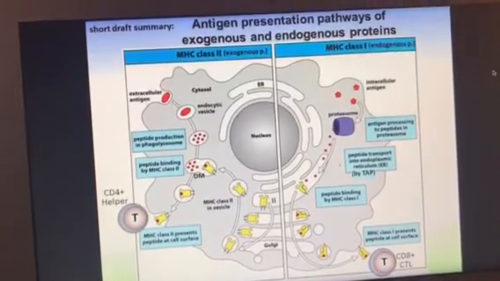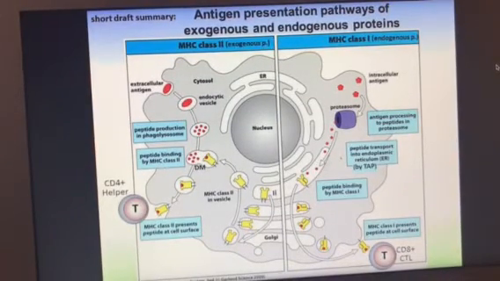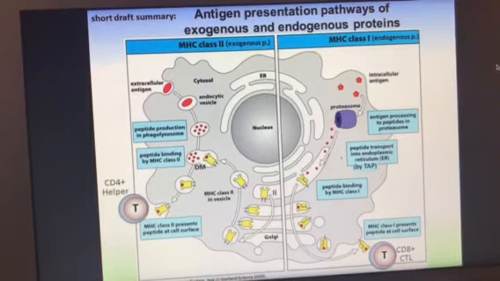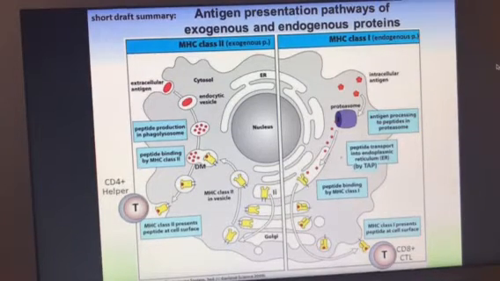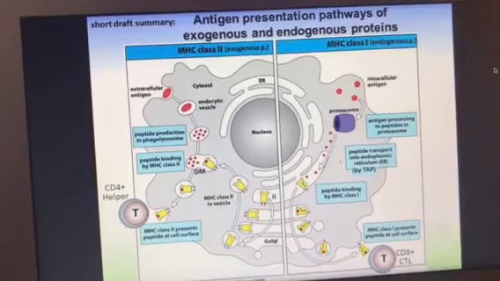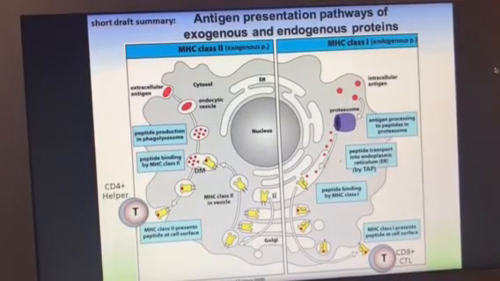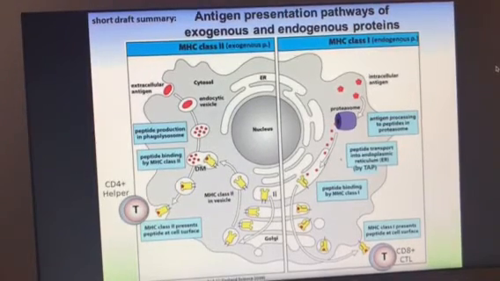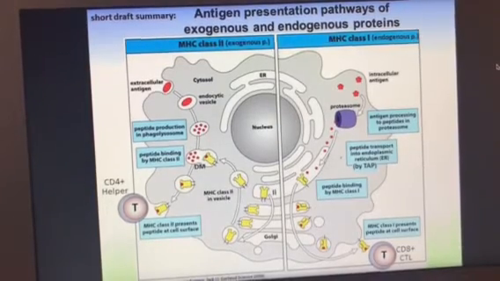So after initiation of antigen processing pathways, these endogenous antigens are degraded and peptides are generated by proteases, and the peptides are presented by making a complex with MHC class 1 molecules on the cell surface.